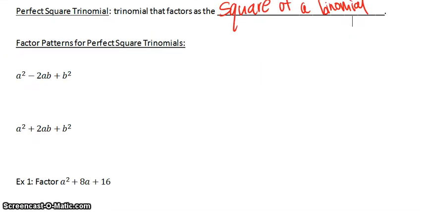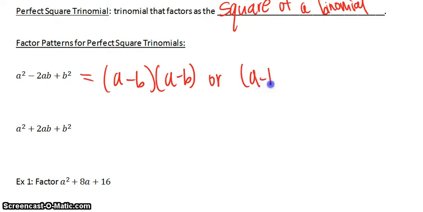And okay, so from there you have your two different forms. Okay, so you have factor patterns for perfect square trinomials. So this is a perfect square trinomial because you have the a and the b, and it factors out to (a - b) times (a - b), or (a - b) squared.